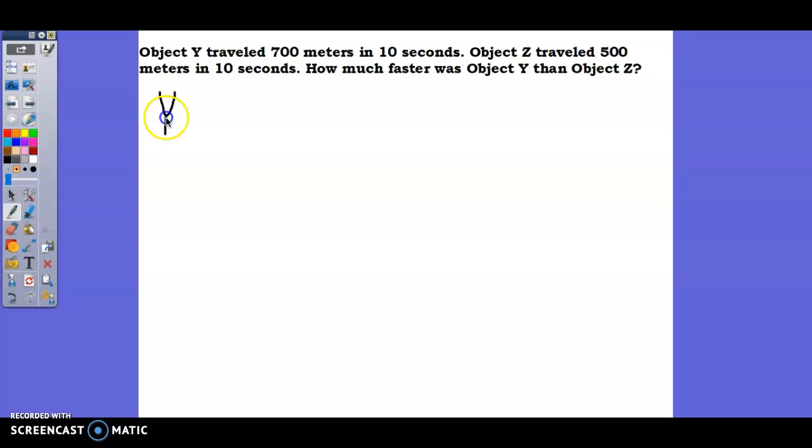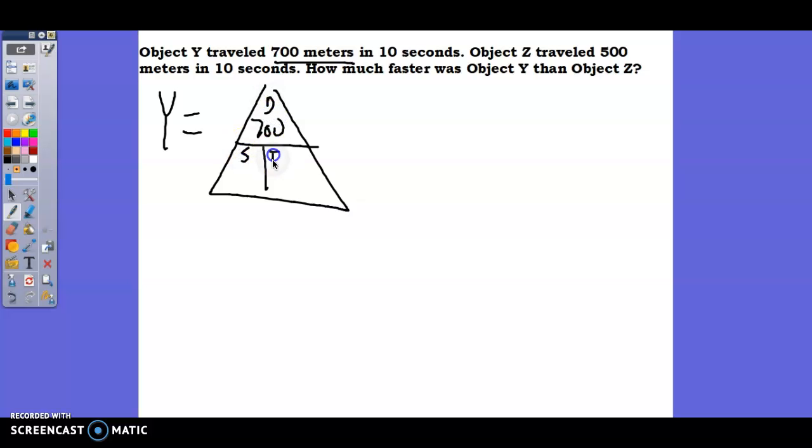So I've got object Y. 700 meters, distance, speed, and time in 10 seconds. 700 divided by 10, pretty easy, right? 70. So this one was going 70 meters per second.